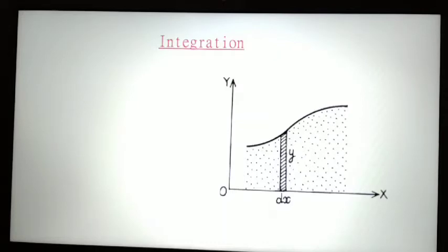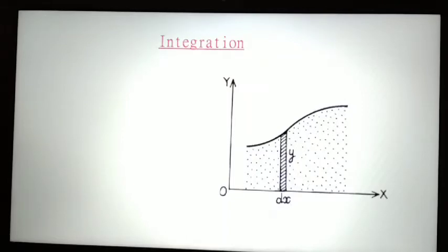Anyhow, suppose you consider a small strip in between x1 and x2, as shown in the diagram, with thickness dx and height y. So its area will be y into dx, and in terms of f of x, that is f of x into dx.